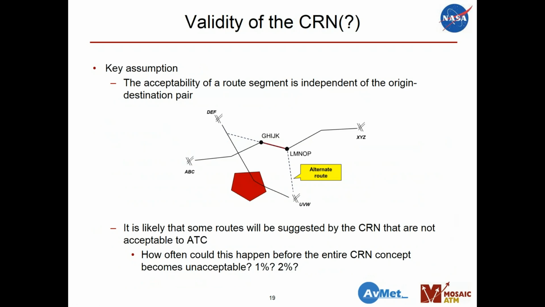So let's see. All right, another question. Would the CRN take into account any letters of agreement between centers? And that's actually a really good question, and one that I'm hopeful that when you guys fill out the surveys, or if there's any other thoughts or feedback, that you can provide some feedback to us on that. Because here's what I'm concerned about in some ways.